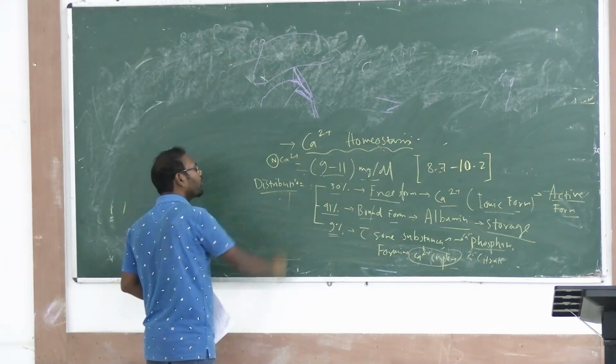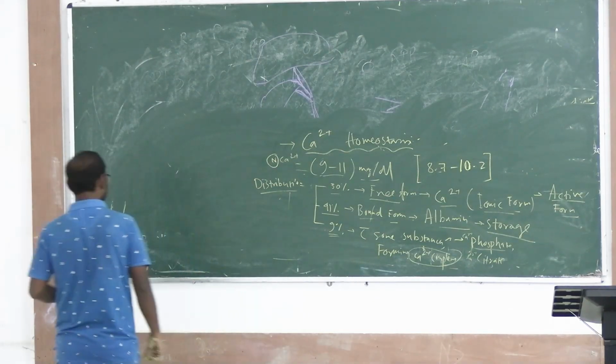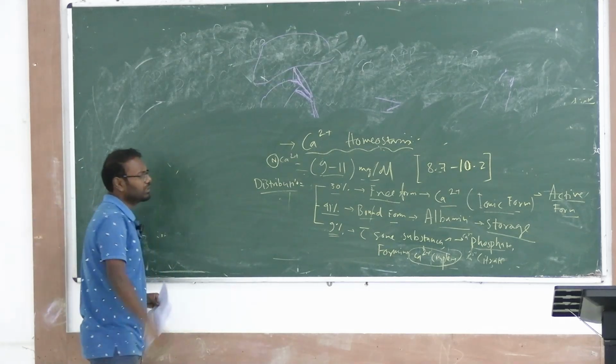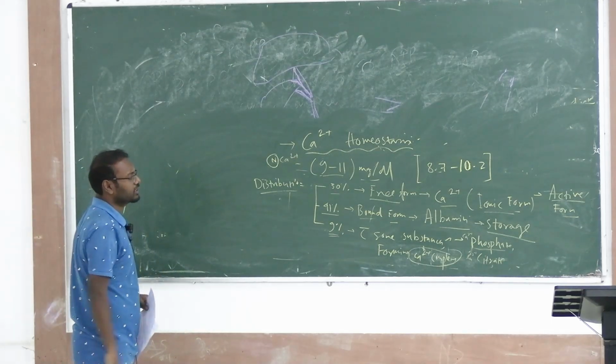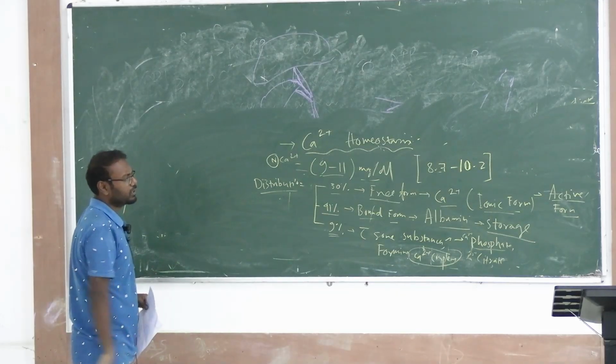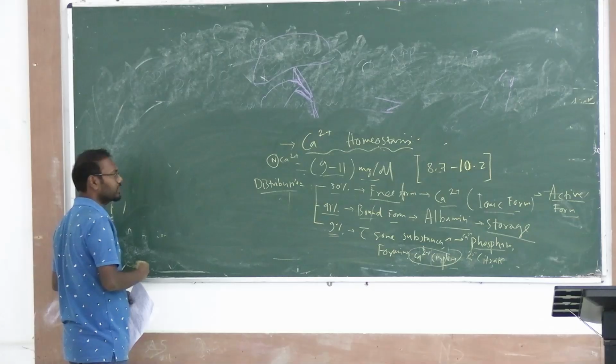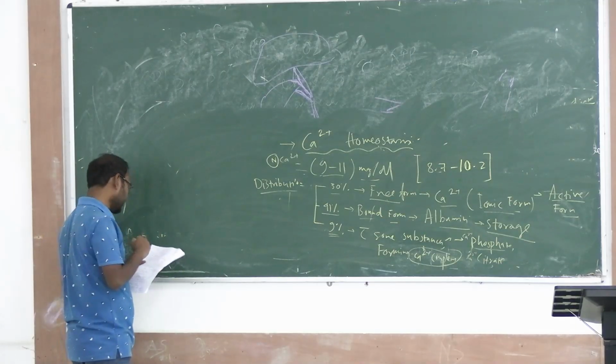So this is the overall distribution of calcium in our body. 50% free, 41% bound with liver proteins, 9% bound with other substances forming calcium complex. Calcium phosphate, calcium citrate, citrate phosphate are the most noted, okay, among these binding substances. So এই হচ্ছে আমার calcium distribution.